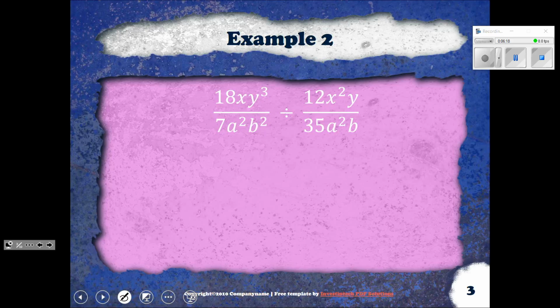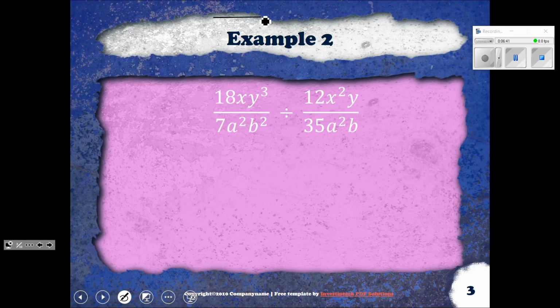What do we know about division? It's not hard. What do we know about division? We don't divide.